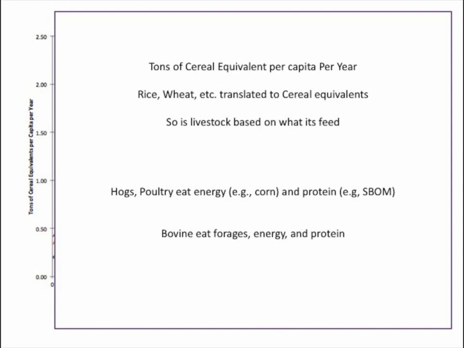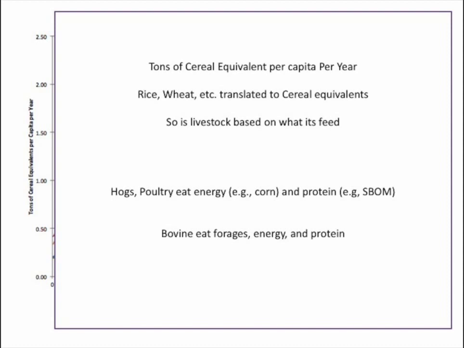For example, hogs and poultry eat energy and protein that is translated into a cereal equivalent. Bovine eat forages, energy, and protein. Again, that is calculated and put into a cereal equivalent. One of the reasons why they do this is to put livestock on an equivalent basis to that of cereals.